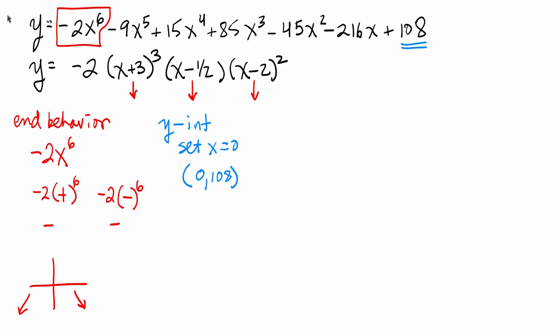Now, last, there are going to be several x-intercepts. We can see that because corresponding to each factor, there is going to be an x-intercept. And one of the x-intercepts will occur at x equal to negative 3. Another x-intercept will occur at x equal 1/2. And a third at x equal to 2.